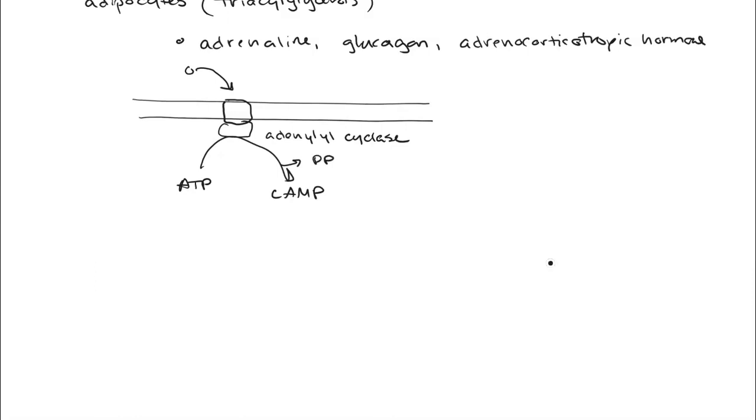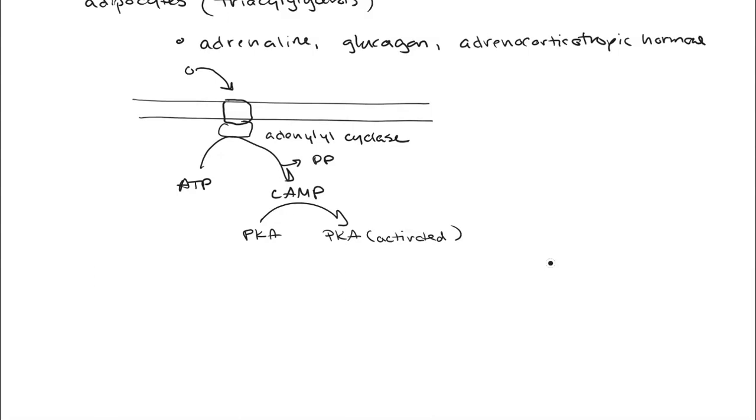What the cyclic AMP then does is it activates protein kinase A via phosphorylation. And what the PKA then does is it phosphorylates a kinase, activating a triacylglycerol lipase, which hydrolyzes the fatty acid.